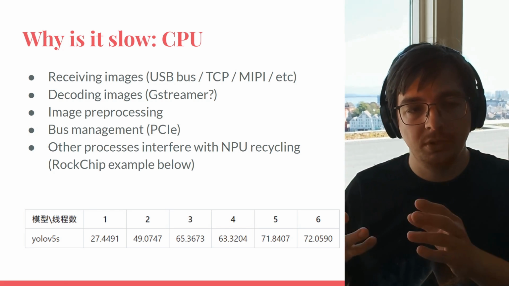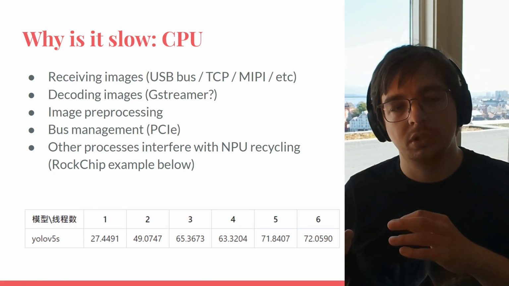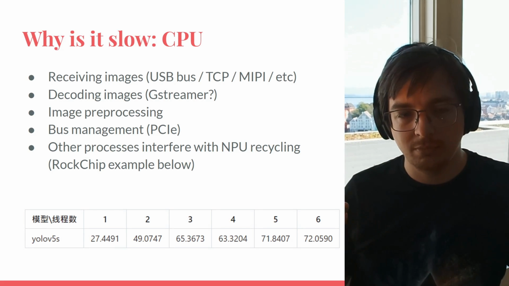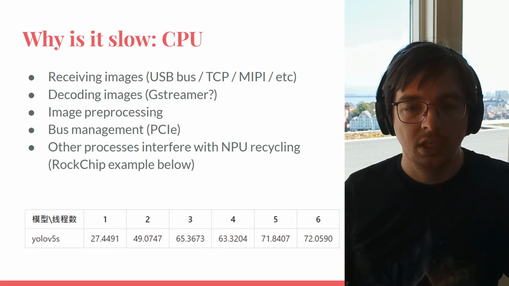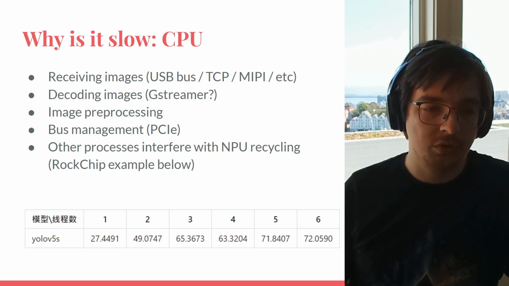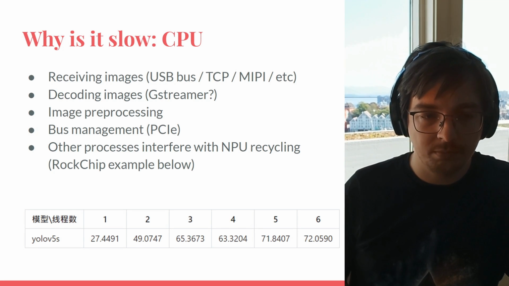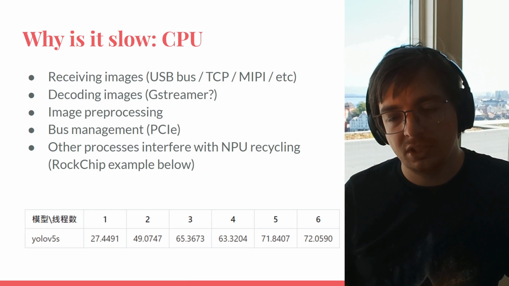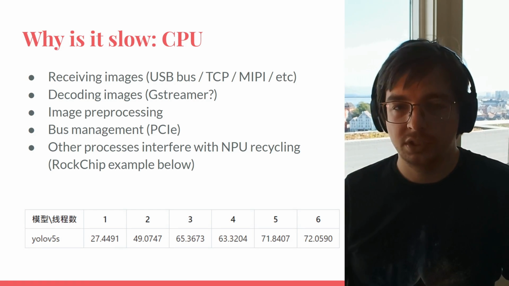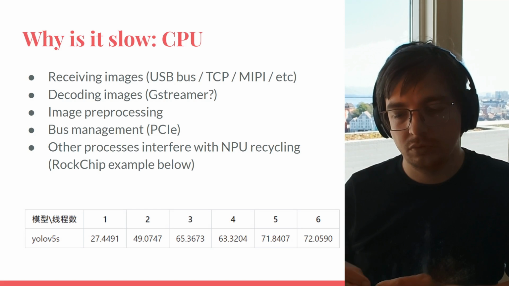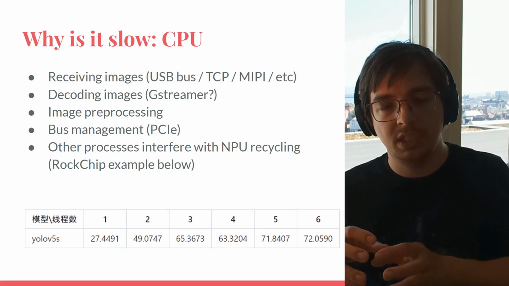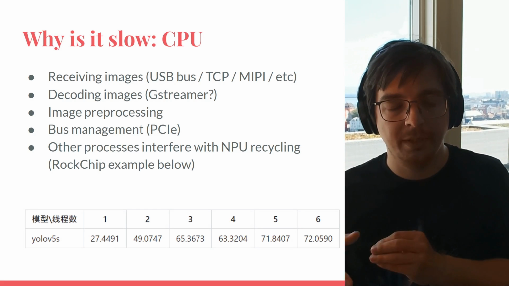You need the CPU for image preprocessing and for some additional bus management. And for some boards, like RockChip, the CPU will be used directly for inference of your models, to split all the data and send it to the NPU layer by layer.